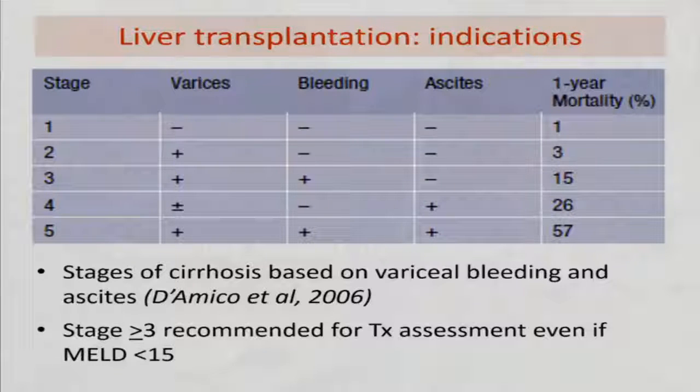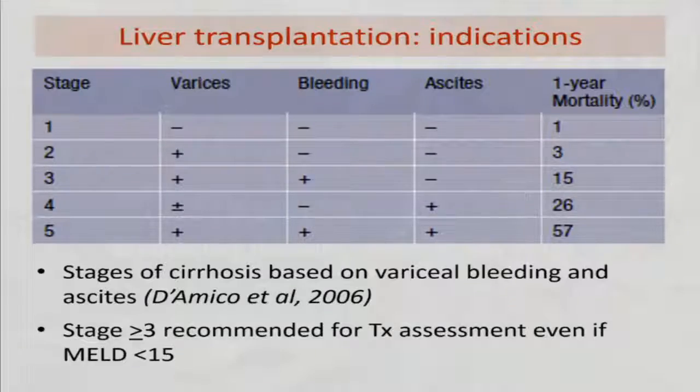In a rather simple but impressive and, for me, a very practical approach, a group led by D'Amico in 2006 actually tried to stage cirrhosis using 3 very easy variables: varices, variceal bleeding, and ascites. And in this table, in the last column, you can see if a cirrhotic patient has no varices, no bleeding, and no ascites, they have a very low 1-year mortality.